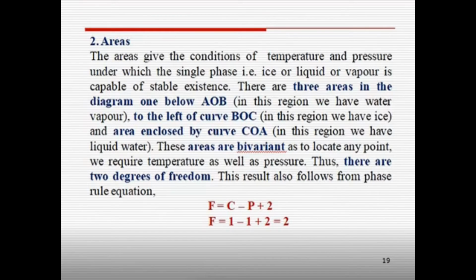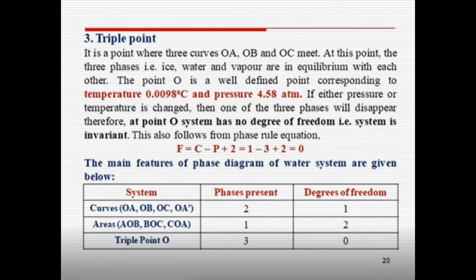Thus, to locate any point, we require two variables, that is temperature as well as pressure. That means there are 2 degrees of freedom. This result follows from the phase rule equation F is equal to C minus P plus 2. Here C is 1, P is 1, that is F is equal to 2. So we require two variables to define the system. Thus all areas are bivariant.